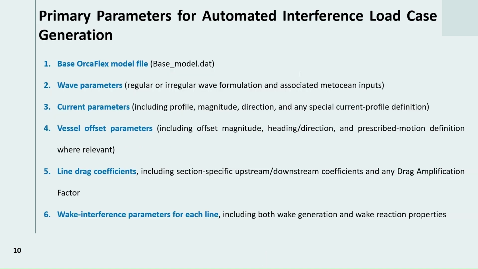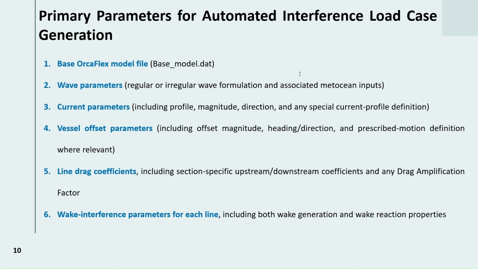In the previous slide, we defined the load case matrix. Now, the next step is to translate that matrix into actual OrcaFlex models. To do this, we need a clear set of input parameters that can be varied automatically for each interference load case.